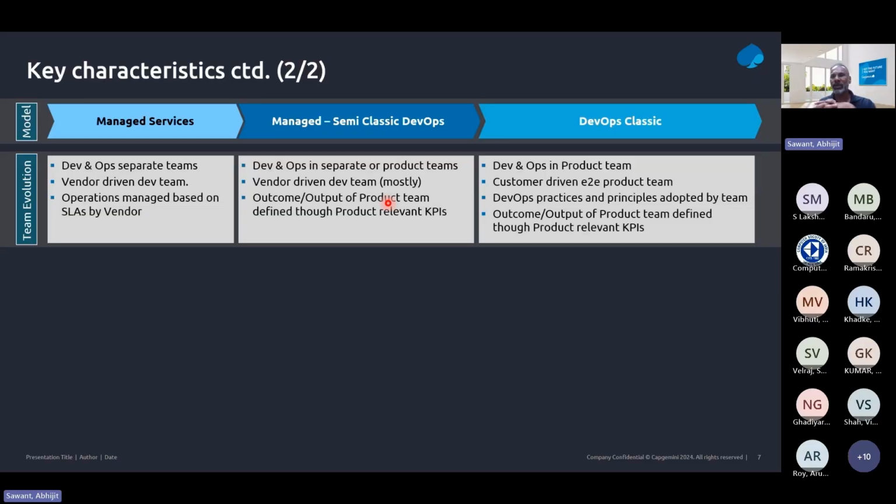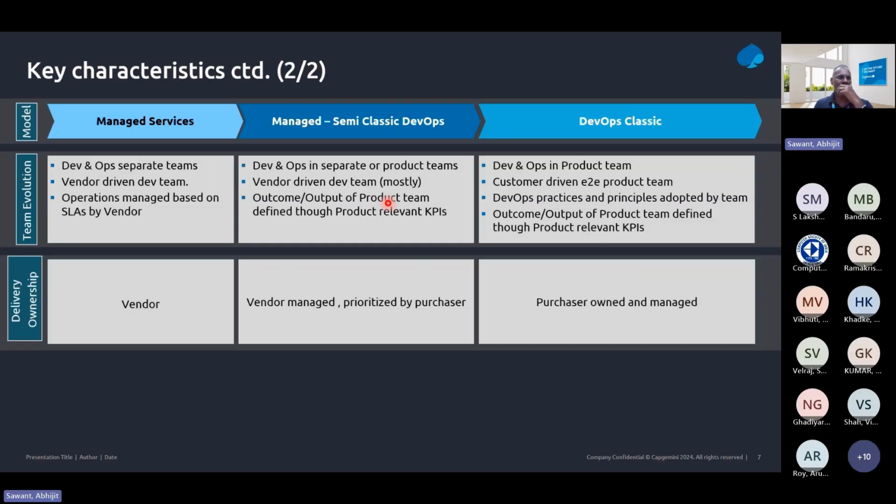And it is a customer driven pod team. There's no line between ops and dev, same team working on everything, and they get opportunity to work on both the service lines. And again, I think the output is driven by the number of KPIs that have been agreed with the product team.